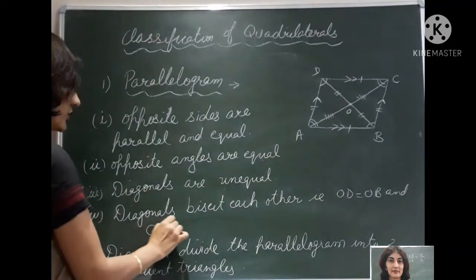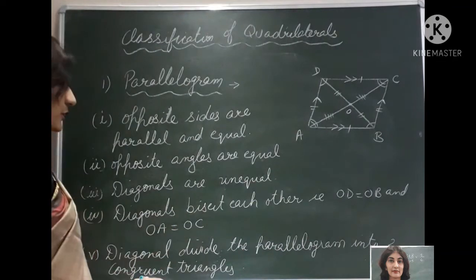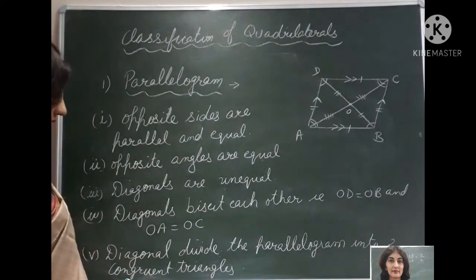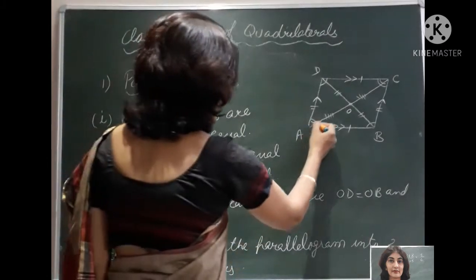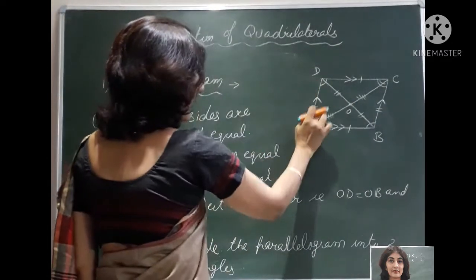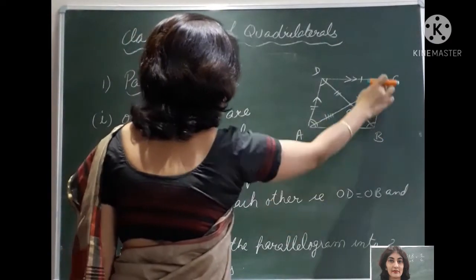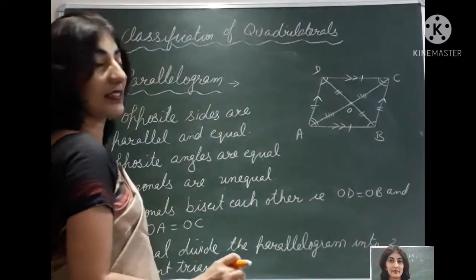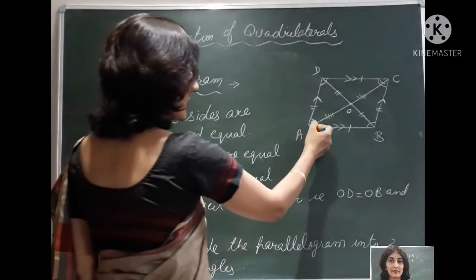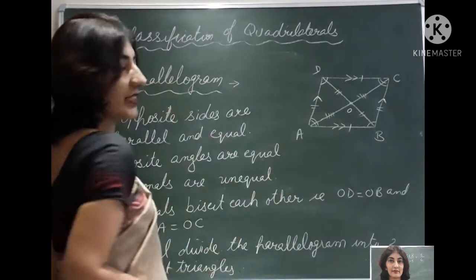Next point is the diagonal divides the parallelogram into two congruent triangles. See this diagonal AC. Triangle ADC and triangle ABC will be congruent. You have done congruency in class 7. You can prove it also. Side AC is common in both the triangles.